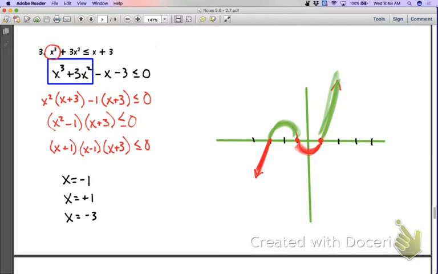Now, since it's less than or equal to 0, that means 0 is going to be included. So from negative infinity to where? What's my first reference point? -3. It's included, right? Then f of x is less than or equal to 0.